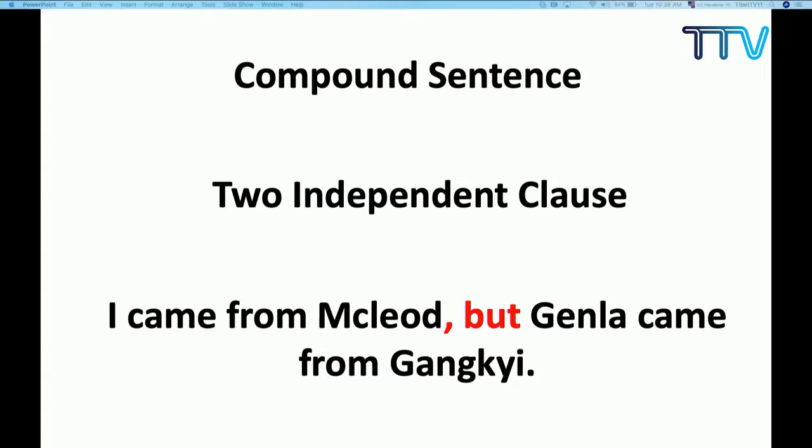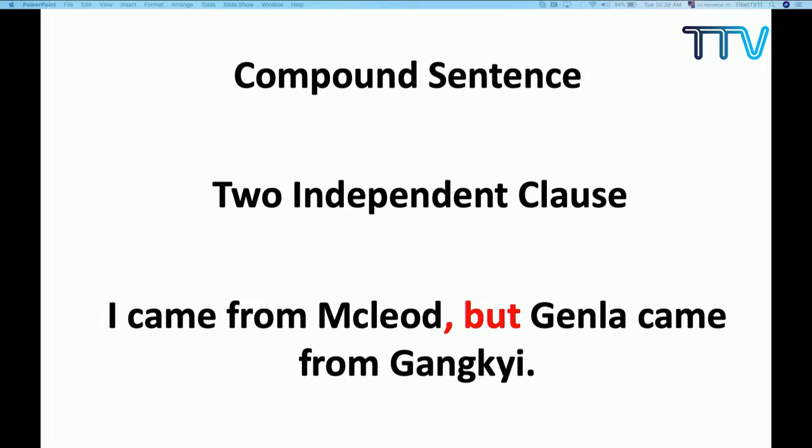You see two simple sentences. I came from McLeod. According to the definition, do you think this is a simple sentence? Yes, because if you look at it, there is a subject, a verb, and an object. Kela came from Kanki.